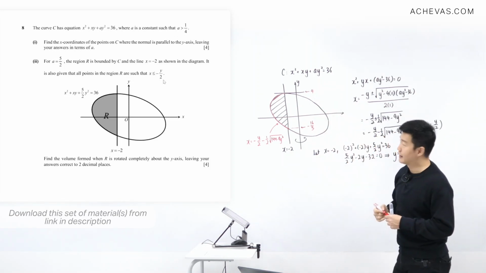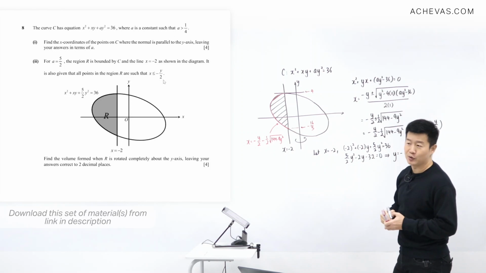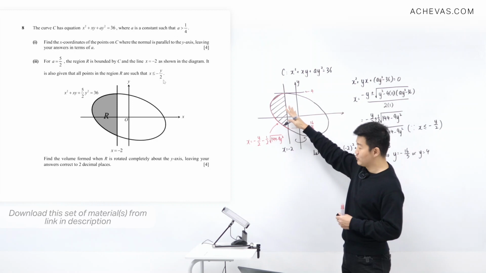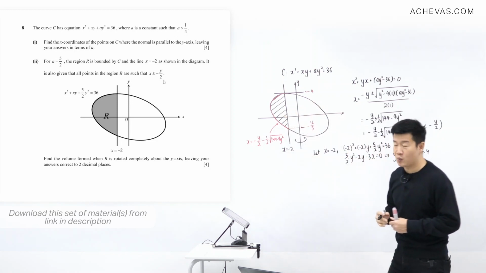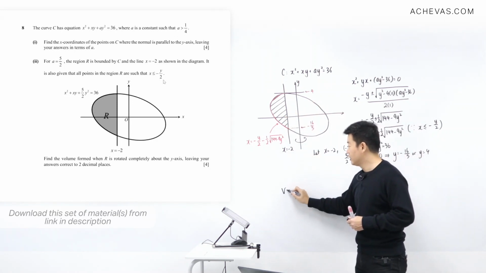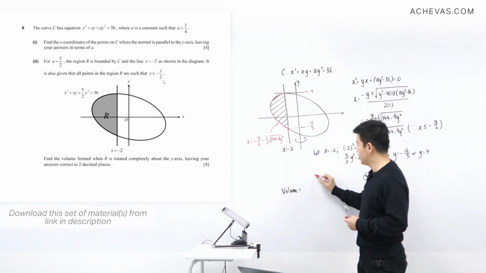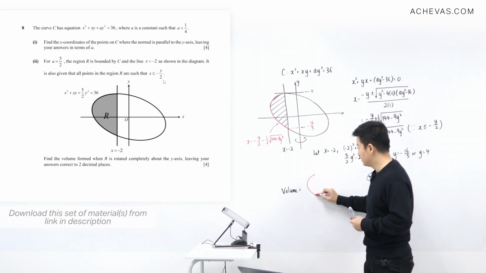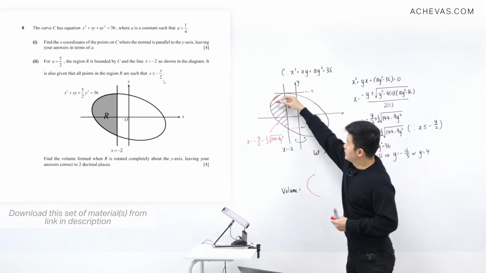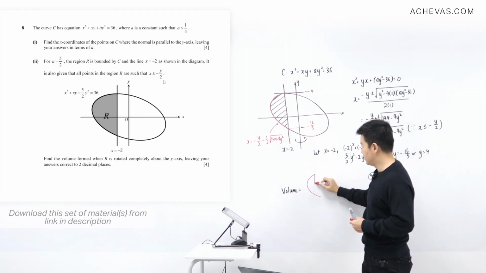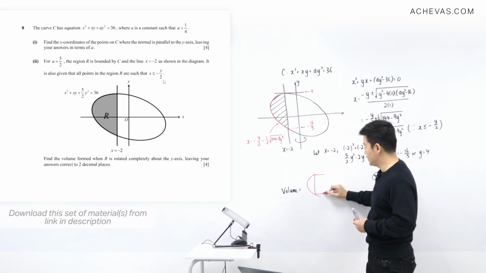Let me redraw the diagram based on how I am going to carry out the integration to find the volume when this region is going to be revolved about the y-axis. In order for me to find this volume, I'm going to first take this region here that I've just drawn all the way to here, and 2 vertical lines down to the y-axis.